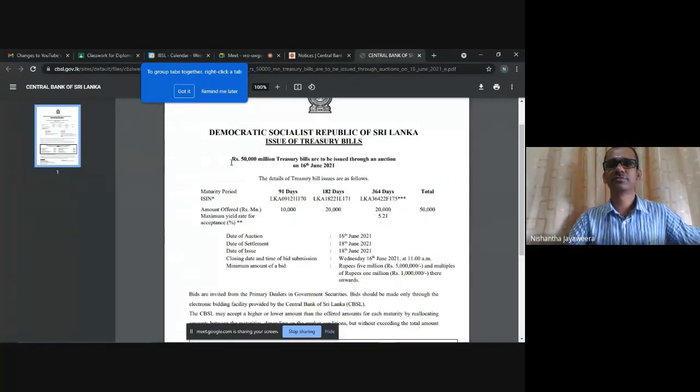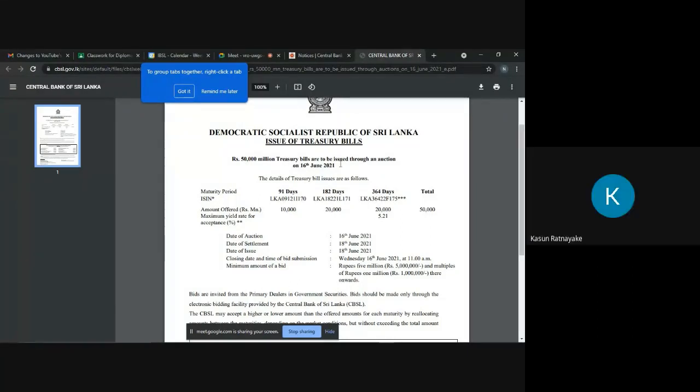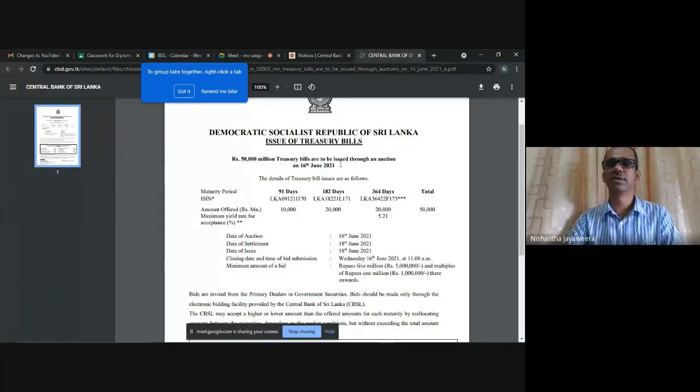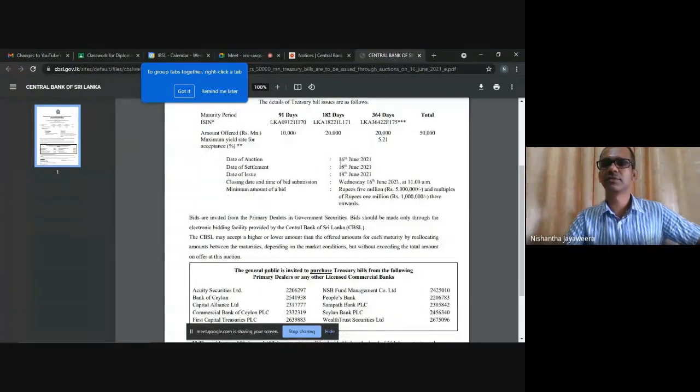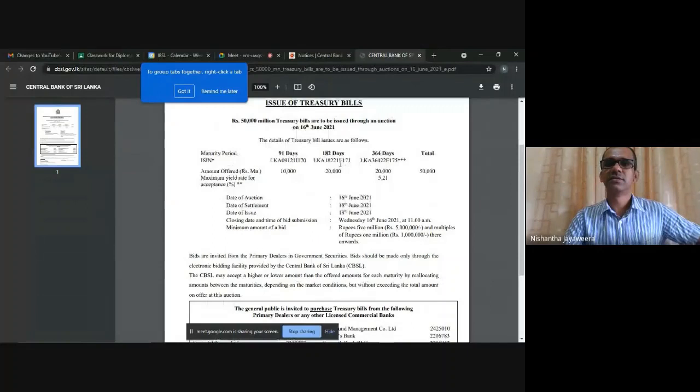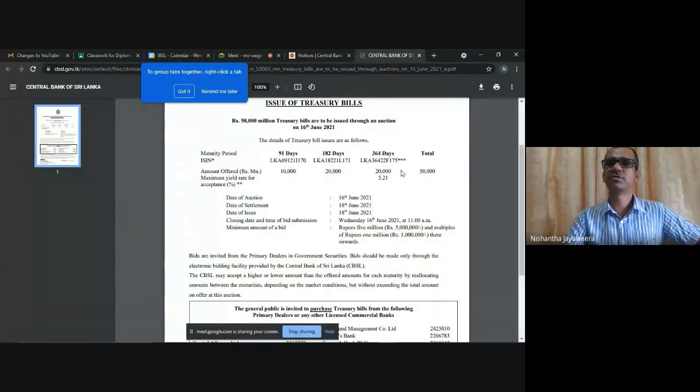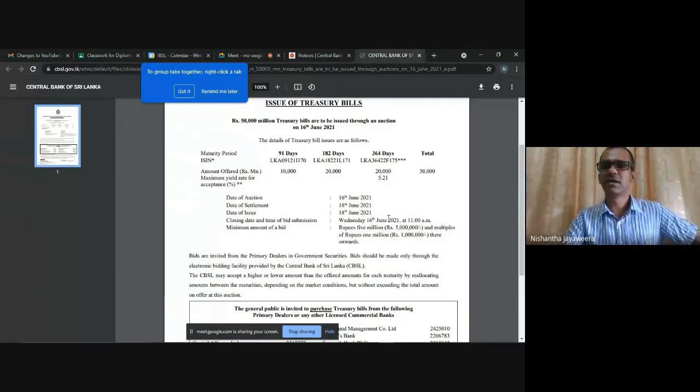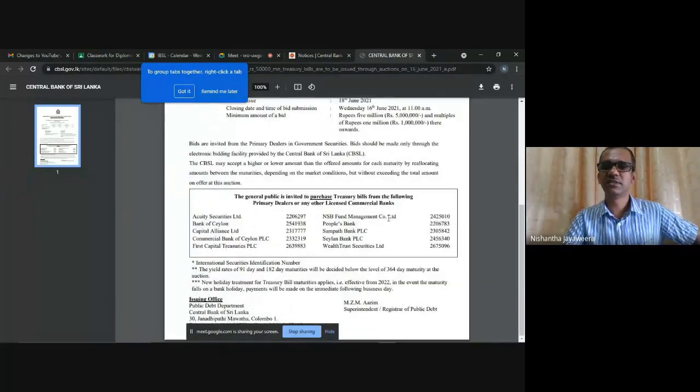for a bond issue. Say 16th June, they are going to have a primary auction with 50 billion. This is for treasury bills, I think. Yeah, this is for bills, but still you can see most of the terms. So you can see 3 different tenors. The amounts are there. I think even here they show.